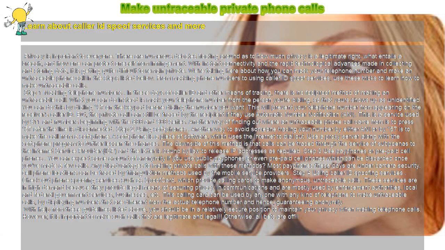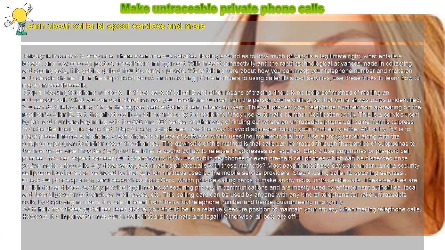What you can do instead is mask your telephone number from the person you're dialing, so that yours shows up as unidentified. You can do this by dialing *67 on the keypad before dialing the number you want. This will prevent your telephone number from appearing on the receiver's caller ID.